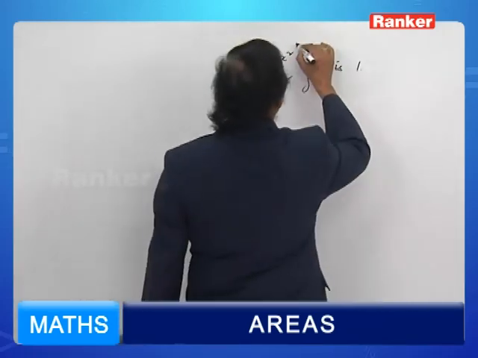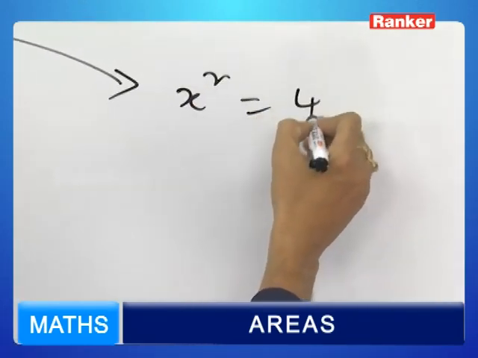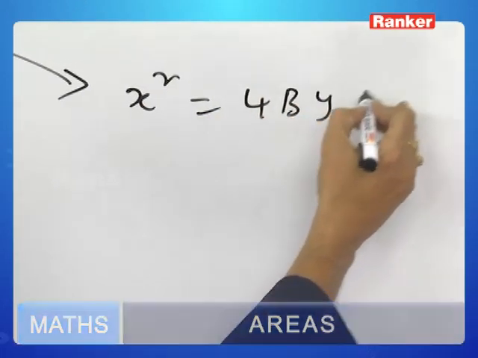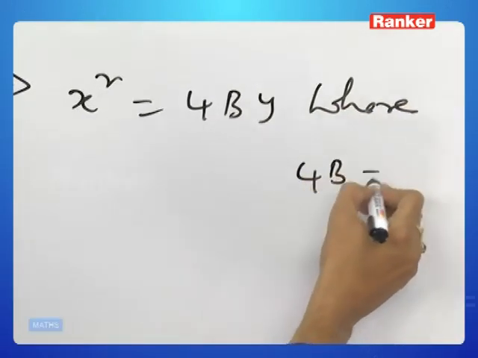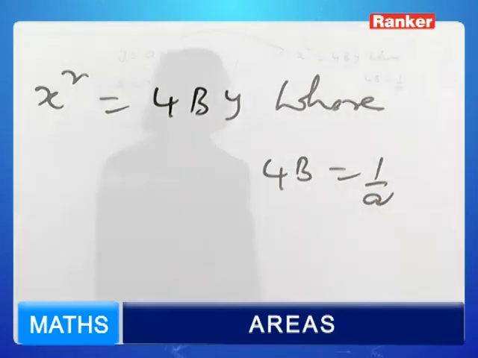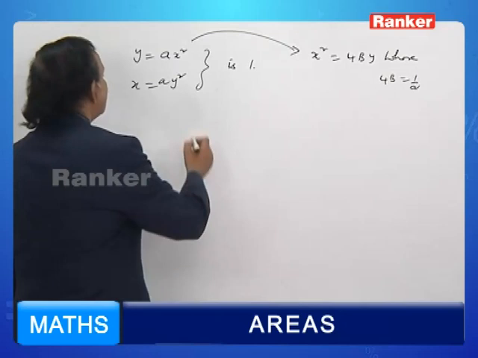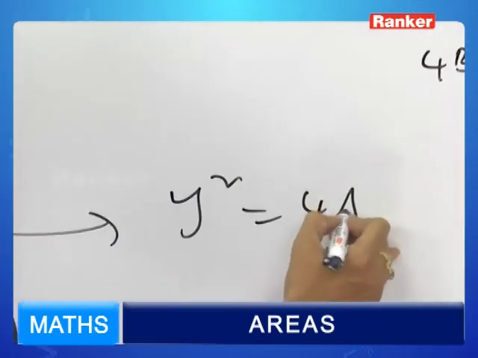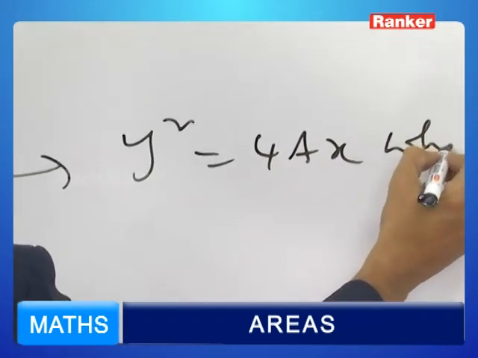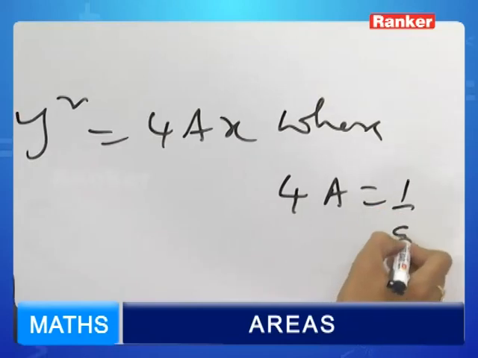Well, let me take this as x square is equal to 4by, where 4b is equal to 1 by a. Am I correct? And this is y square is equal to 4ax, where 4a is also 1 by a.